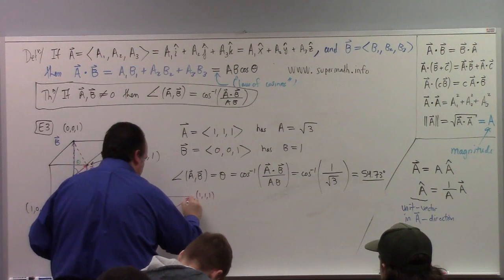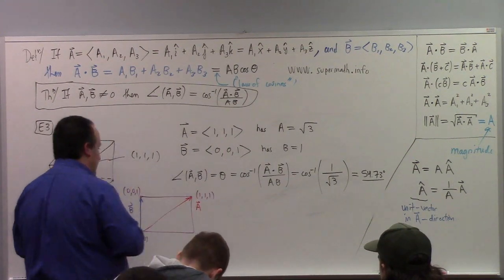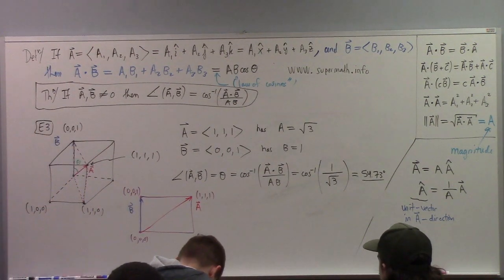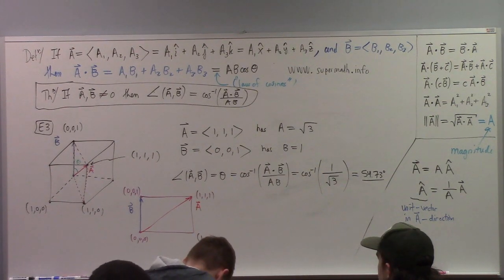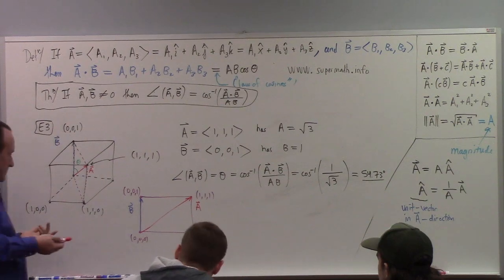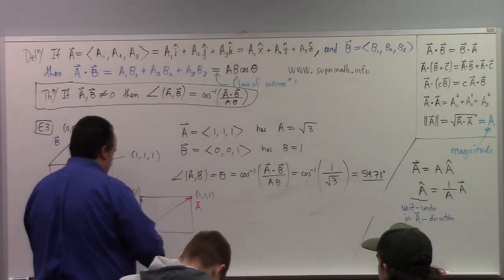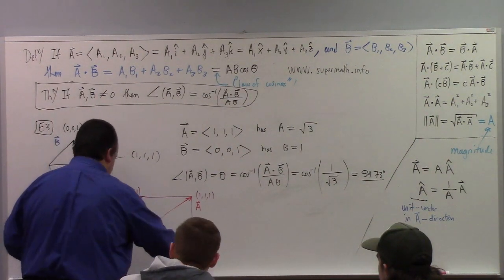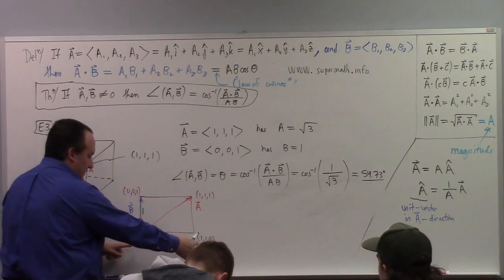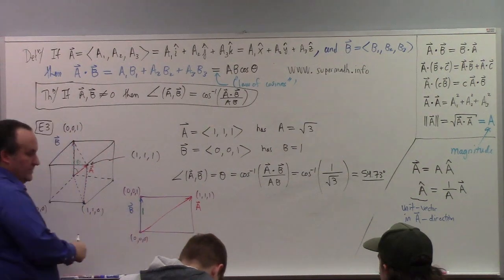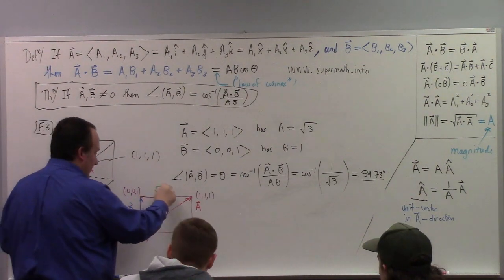I've not drawn this to scale, but you tell me, what's the length of the rectangle? It's a rectangle, it's not a square, is my point. So like in green, the length of B is 1, right? How far is it from here to here? Square root of 2, right?